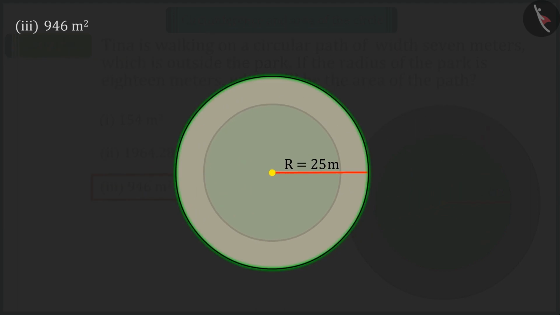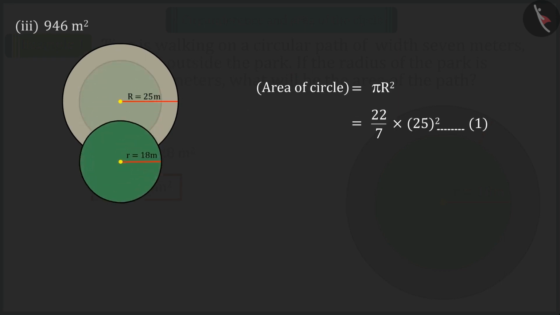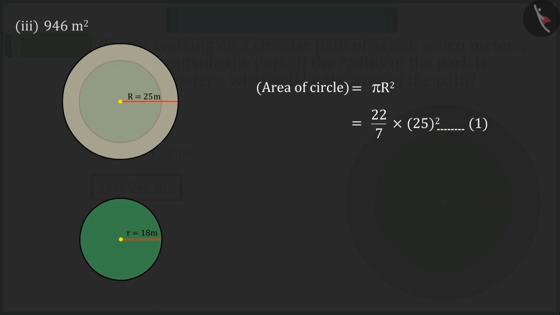First, we find the area of the whole circle, which is represented by equation 1. Similarly, find the circle with area of the park, which is represented by equation 2.